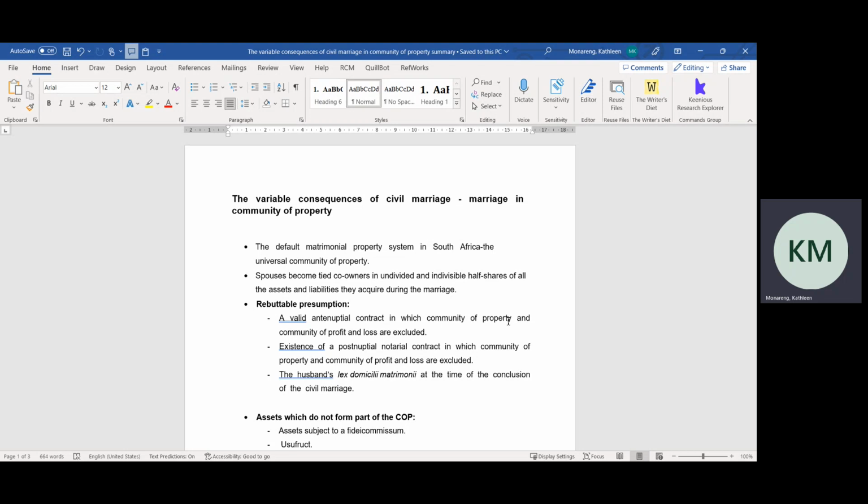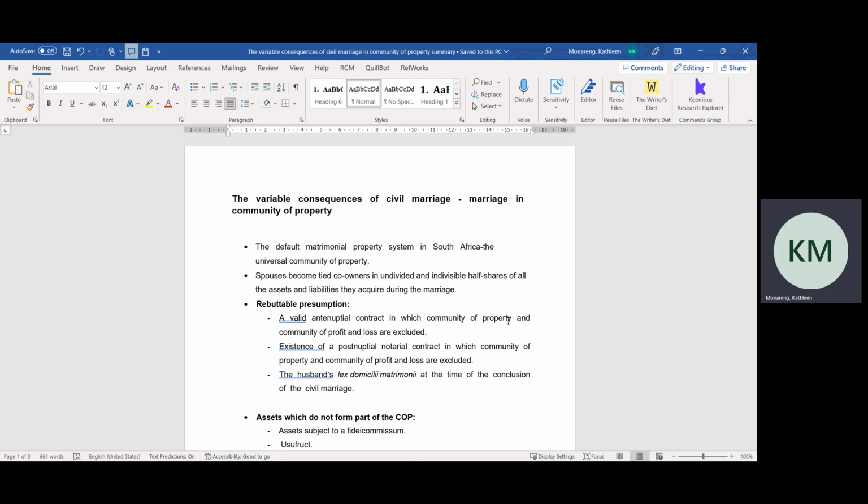When spouses are married in community of property, they become tied co-owners in undivided and indivisible half shares of all the assets and liabilities they acquire before they entered into a marriage and during the marriage. This means, for example, if you have an immovable property that you acquired before you enter into a marriage and you enter into an in community of property marriage, that immovable property will automatically form part of your COP marriage.